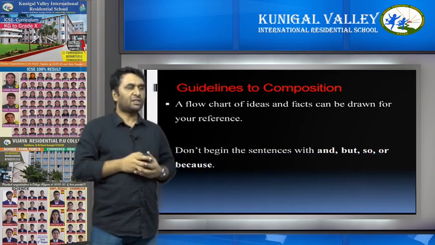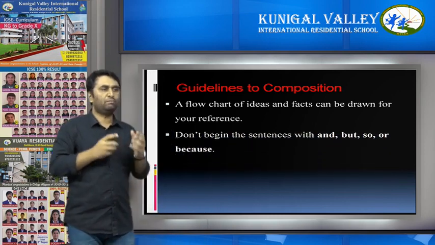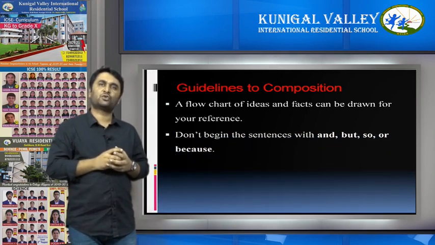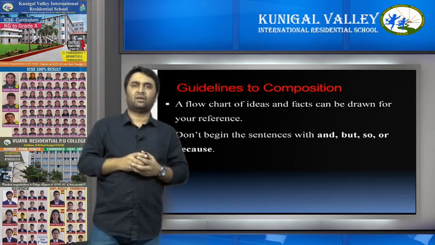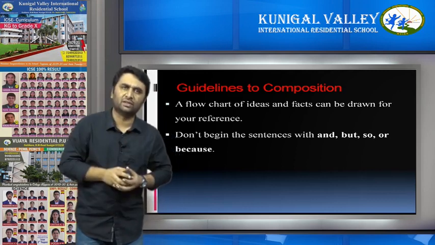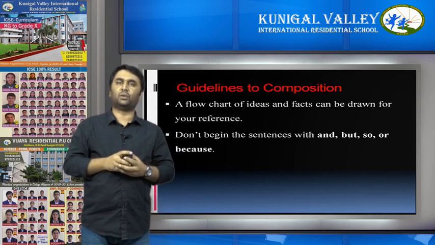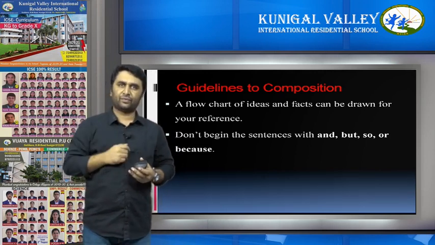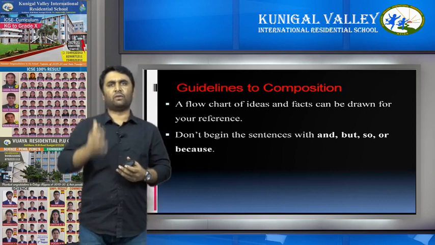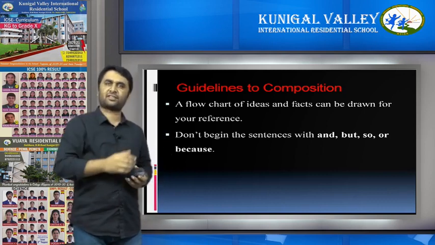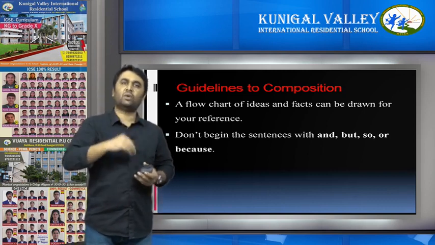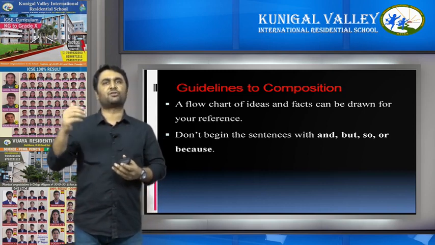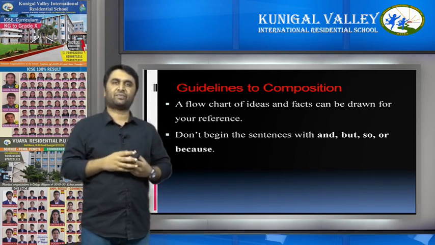Look at my other rule. Don't begin the sentences with and, but, so, because. We have a lot of argument over this kind of doubt. Sir, why? When the writers, when the novelists, when the blogists, or when the columnists can begin the sentences with and, but, so, because, why can't we?